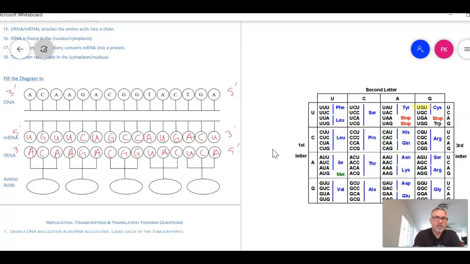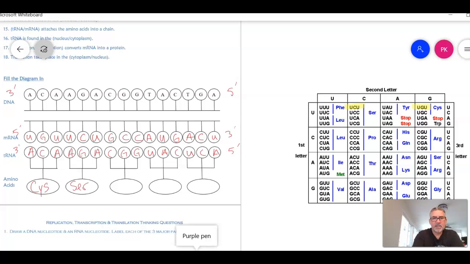And that would be a cysteine. So that would be CYS. And then I have UCU. I'd come over here. I get UCU right here, and I would have serine.